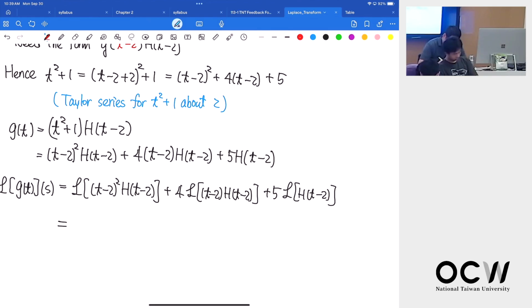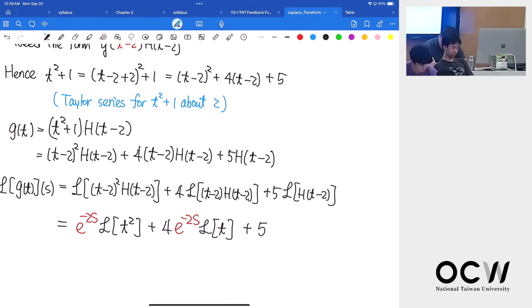So this becomes e to the minus 2s times the Laplace transform of t squared, plus 4 times e to the minus 2s times the Laplace transform of t, plus 5 times e to the minus 2s times the Laplace transform of 1.